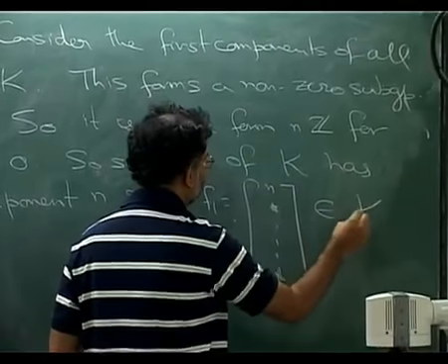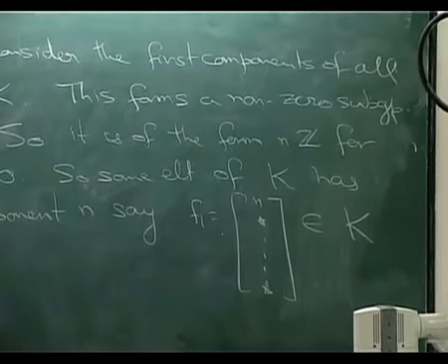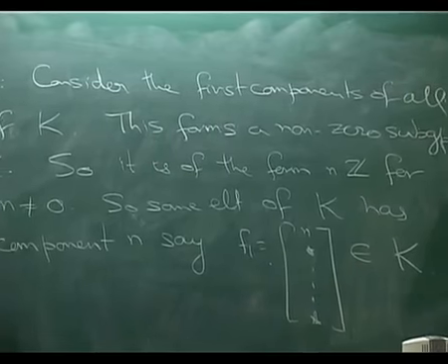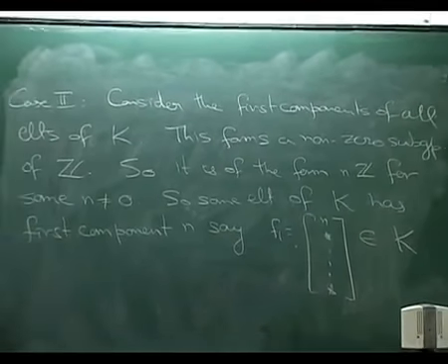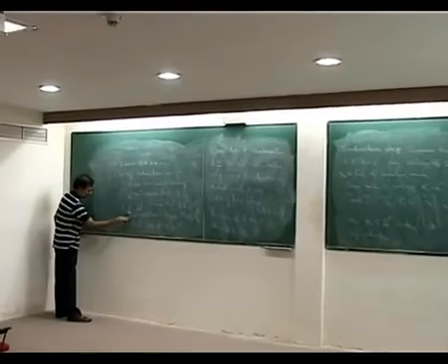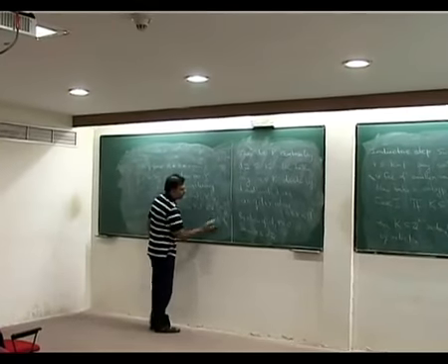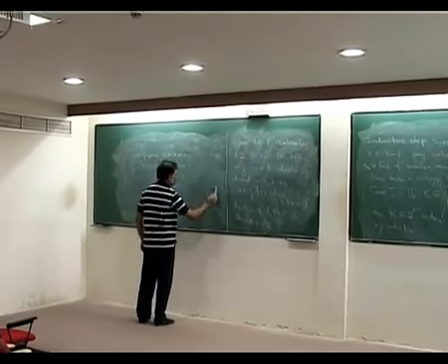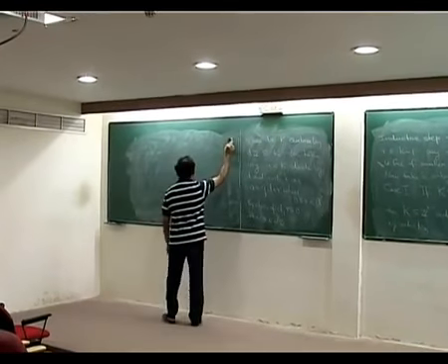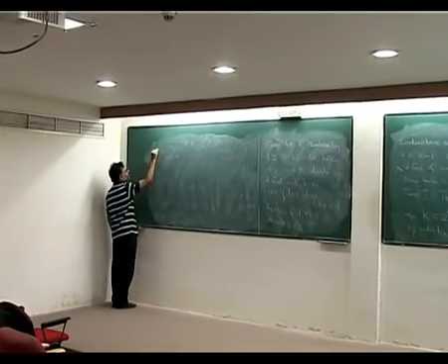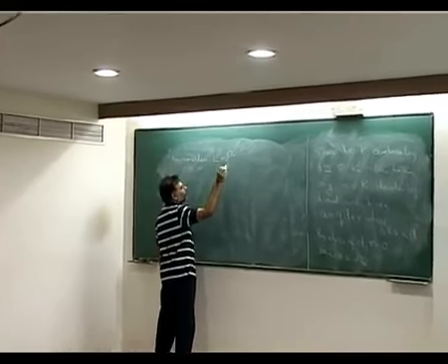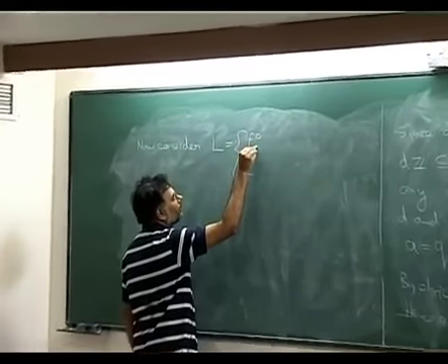This belongs to K. Okay, so now consider L, which is the set of all things in K whose first component is 0.